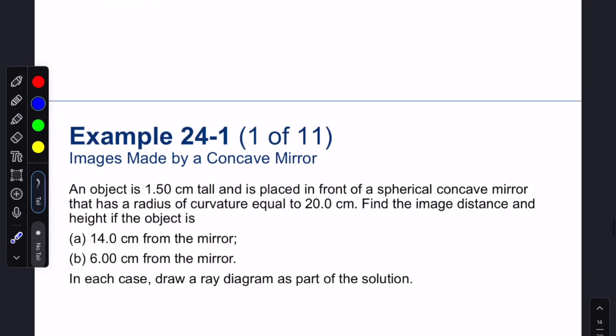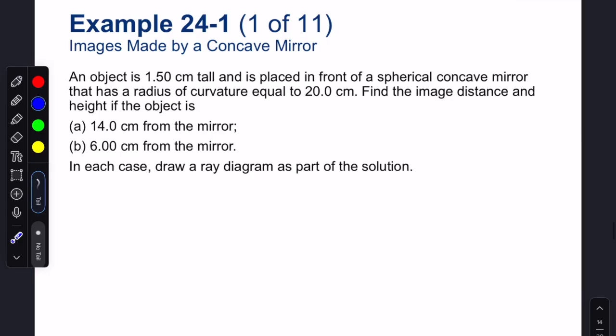So let's do some examples, and then we'll talk about convex mirrors. Let's put this into practice. We have an object that is 1.5 centimeters tall. That's HO, height of object. It's placed in front of a concave mirror that has a radius of curvature of 20.